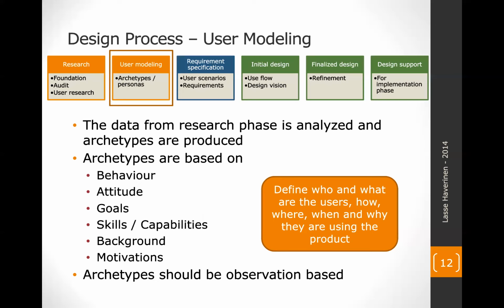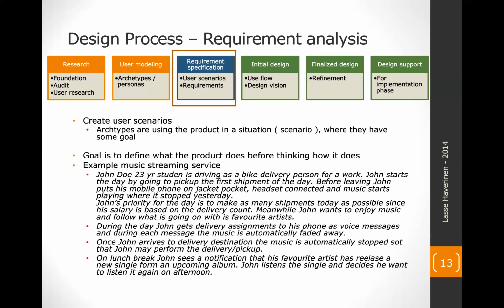You can directly go on and analyze the different things that you think should be doable with your product, and that is then the requirement specification. The requirement specification is the phase where you document that these are the things our application should be capable of.